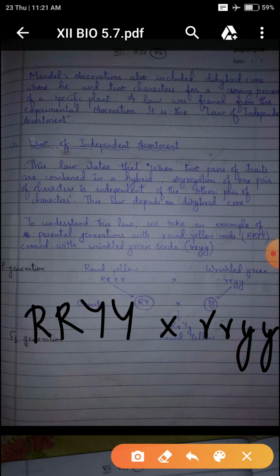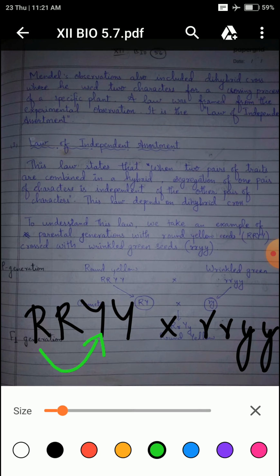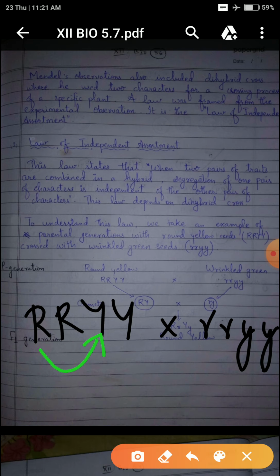Now if segregation is to happen, then this R may depend upon this; this shape can depend upon the color. It could be possible in this situation. Also the wrinkled shape can depend upon the green color. This can also be possible.